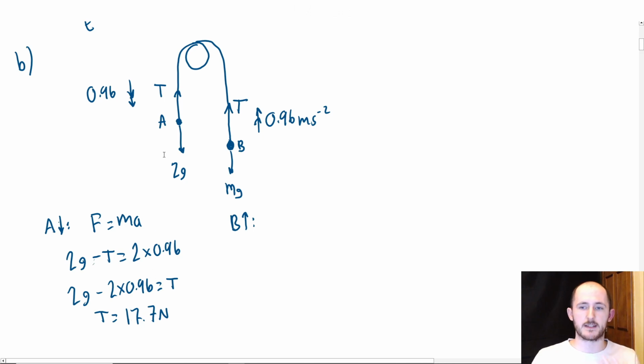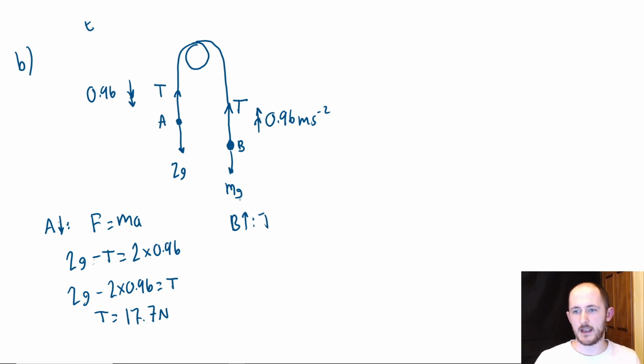But that's totally fine because it's a vector, right? It should have a direction. So I always take the direction of acceleration as positive, because acceleration is the one that people tend to forget has a sign. So if you take acceleration as positive always, you never have to remember that.